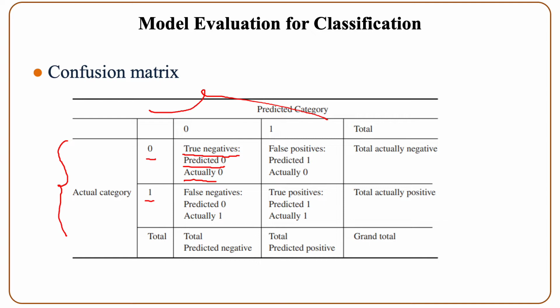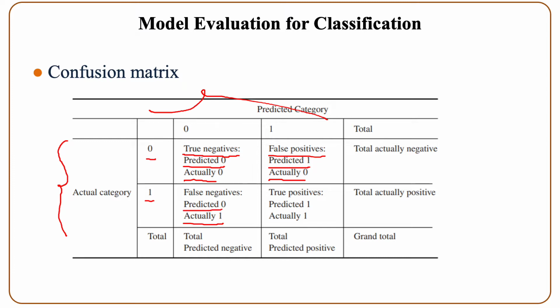In the second cell, the actual classification is 0. However, predicted classification is 1. So this cell counts toward the false positives. In the third cell, the actual classification is 1, but the predicted classification is 0.